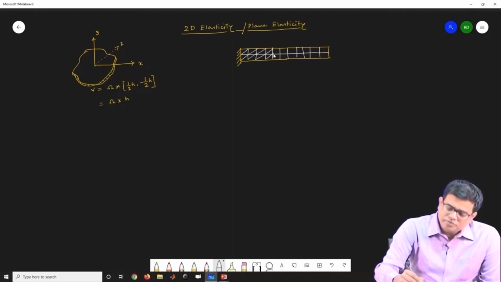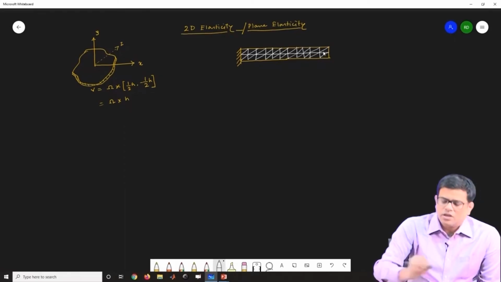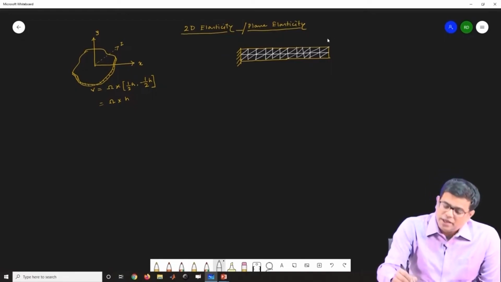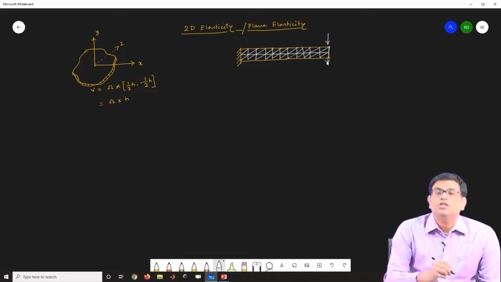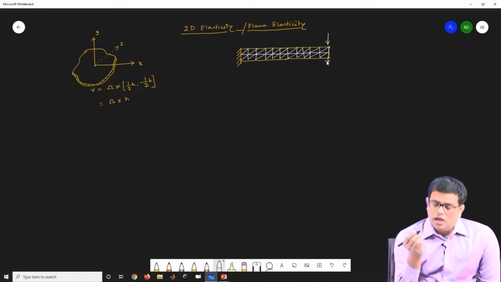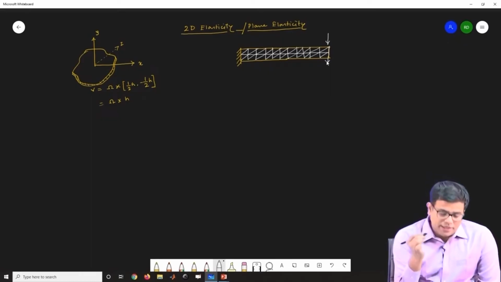So something like this. This kind of problem you can solve, or we will solve some. This beam may be loaded with some axial force, or some other kind of force. So any kind of force is applicable.